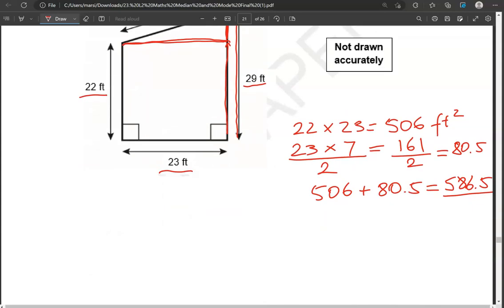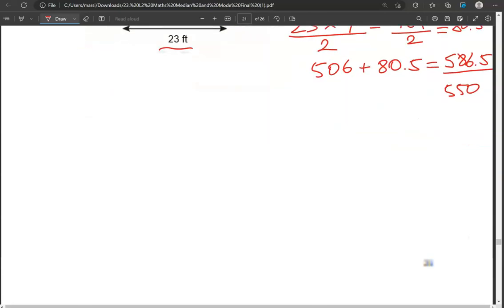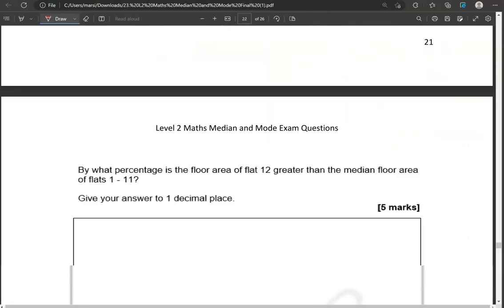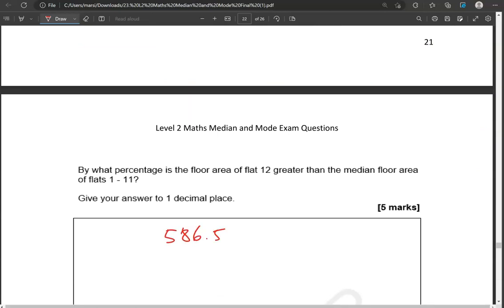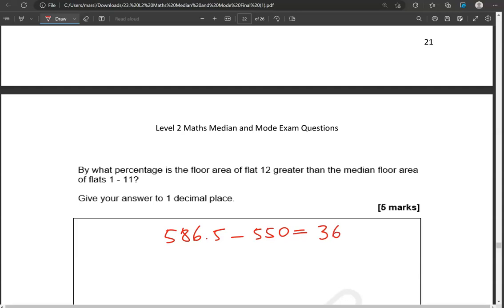So we're comparing 586.5 and 550. So 586.5, take away 550, gives us 36.5 square feet.